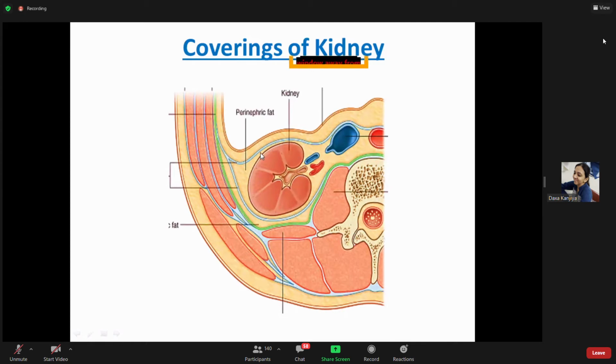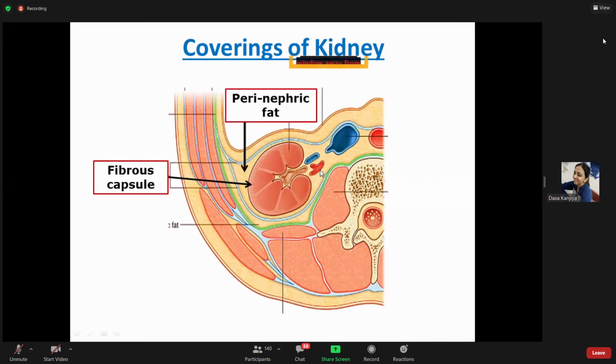Just outside the outer border of the kidney, there is a fibrous capsule. Outside the fibrous capsule, the yellow colored structure covers the kidney as well as the renal sinuses. That is the perinephric fat or perirenal fat. Then outside the perinephric fat, this blue colored line is our renal fascia.